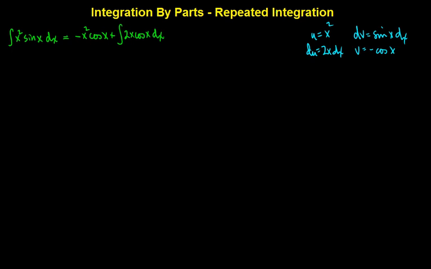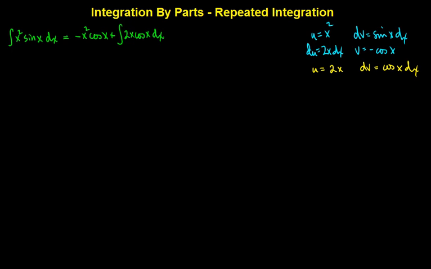And here's the point where we see we still need to use integration by parts since we still have a product there. Each time you perform this integration by parts, that polynomial will lose 1 degree. So this time our u is 2x, and the dv is cosine x dx.